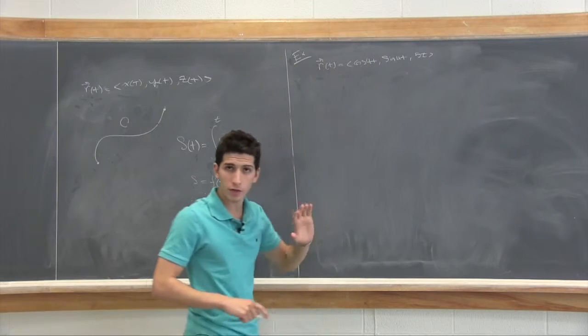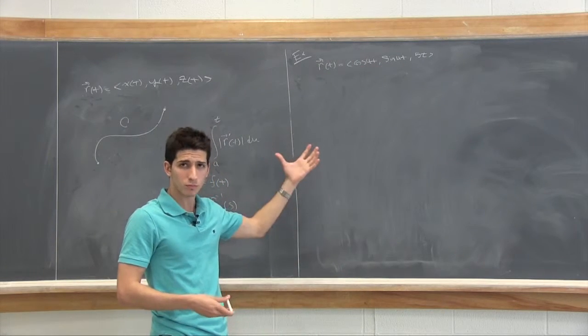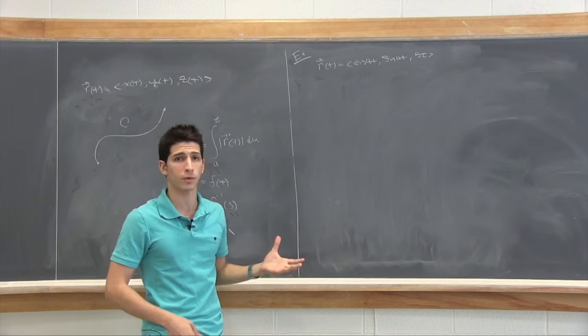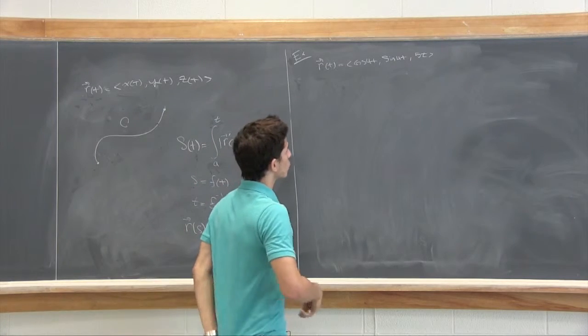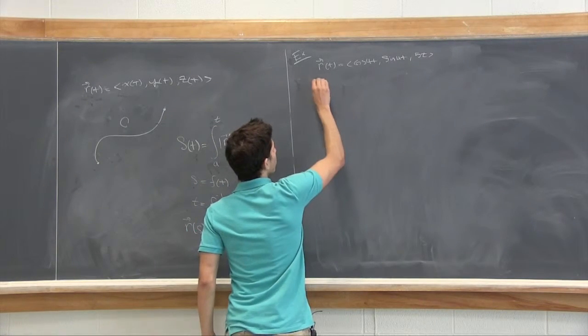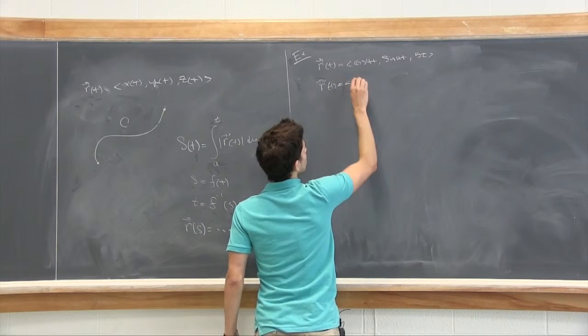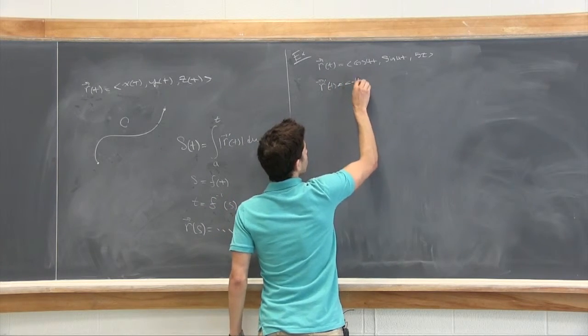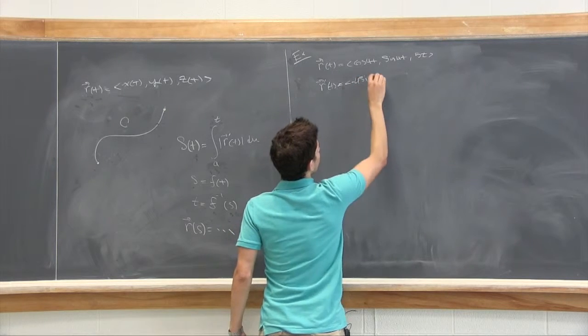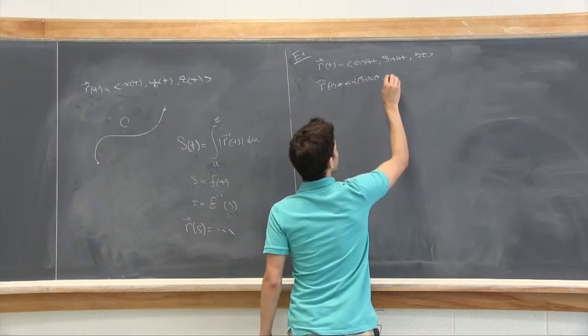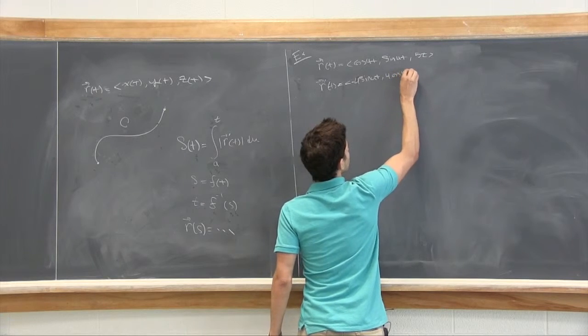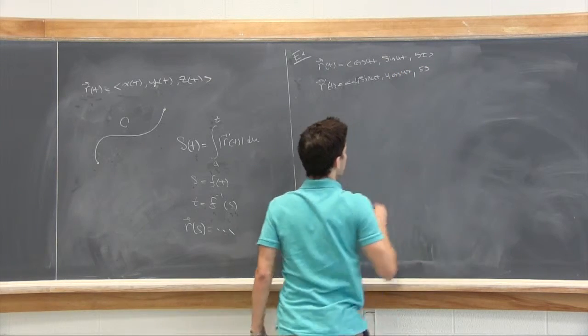So we have a curve here, and we're going to find its arc length parameterization. First things first, we're going to find r prime. It's going to be minus 4 sine 4t, then 4 cosine 4t, and 5.